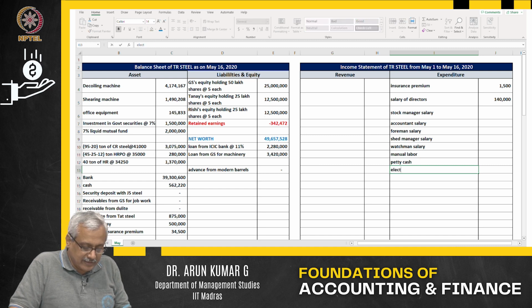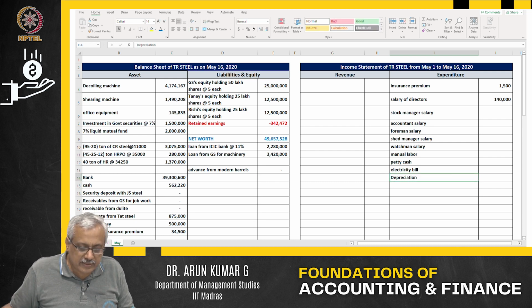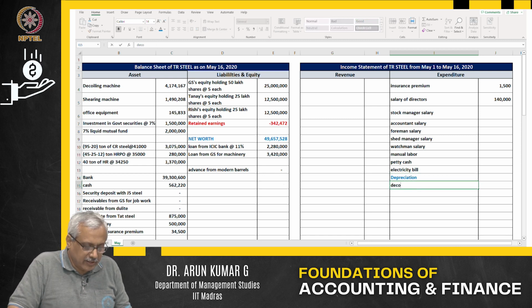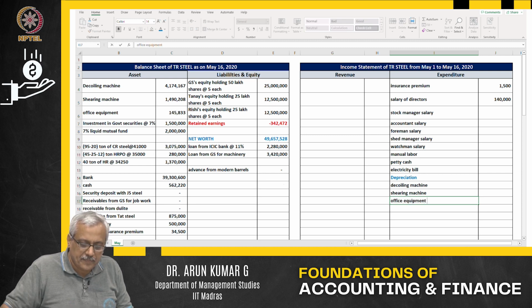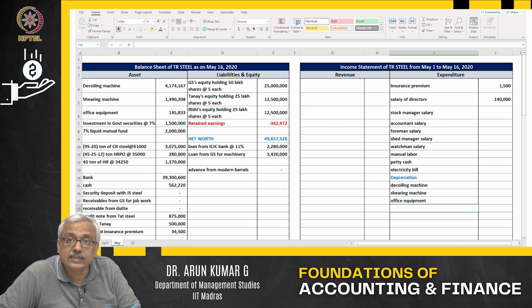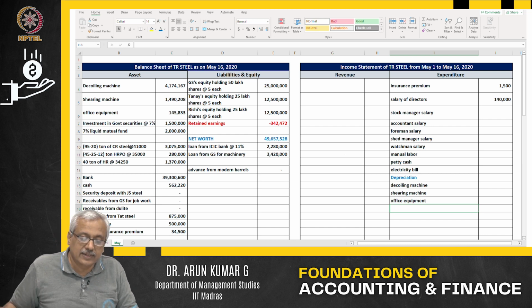Again, after petty cash, electricity bill, then depreciation. If you see this depreciation, then depreciation on what? On decoiling machine, shearing machine, office equipment. These are the three other aspects out there.